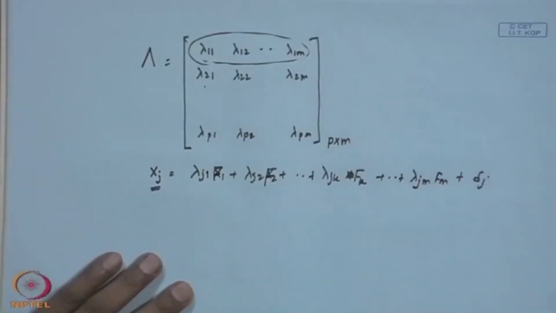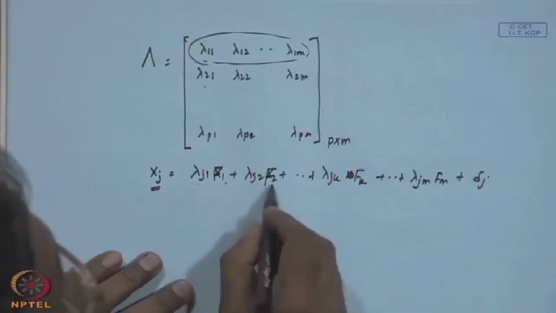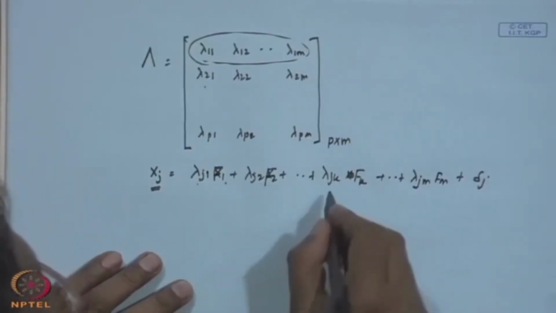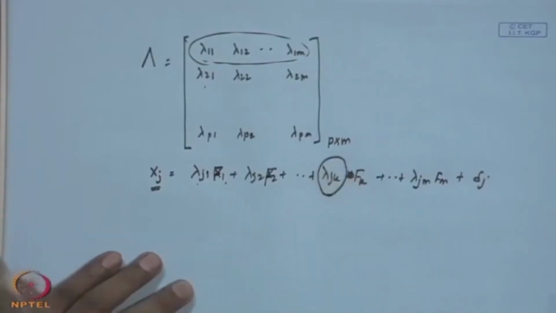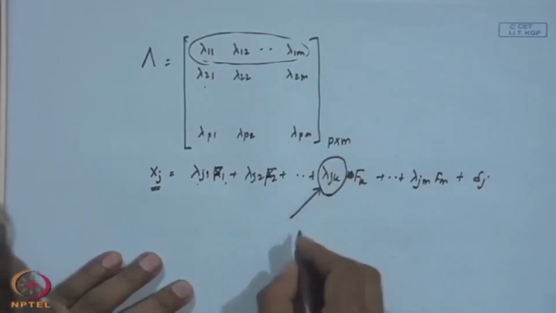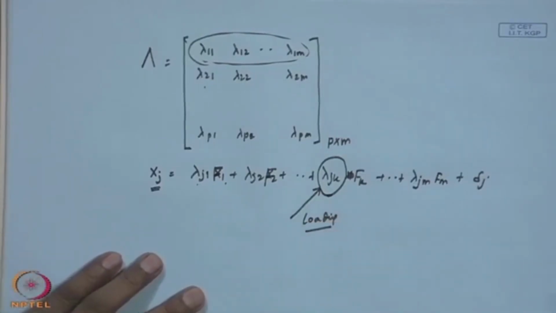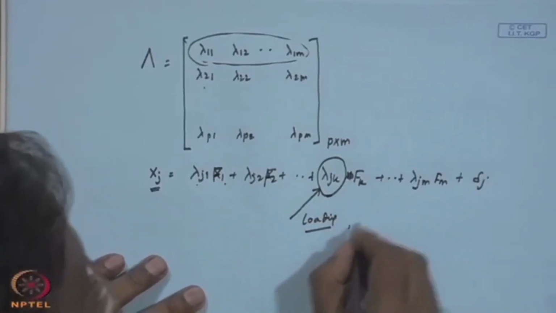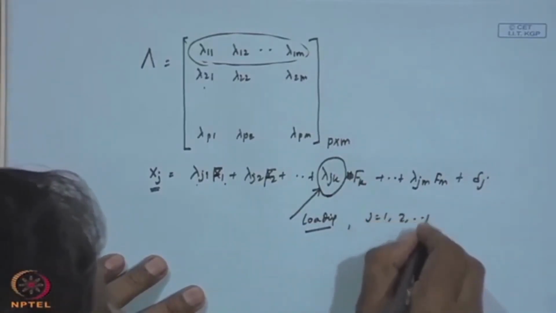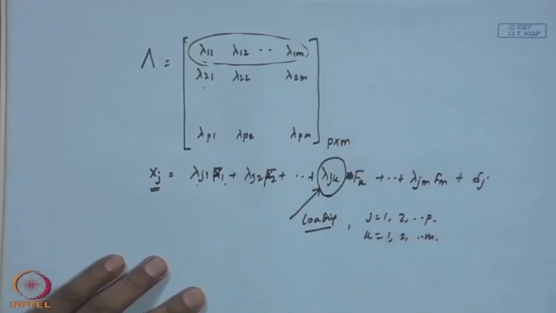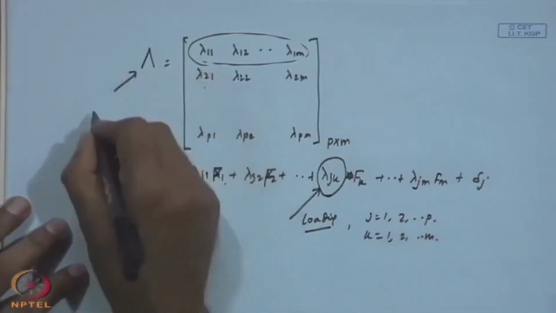This is the original equation we have. See what is happening here, this general one is lambda jk, the general loading. It will be for j equal to 1 to p, k equal to 1 to m. So, this one is known as the loading matrix.